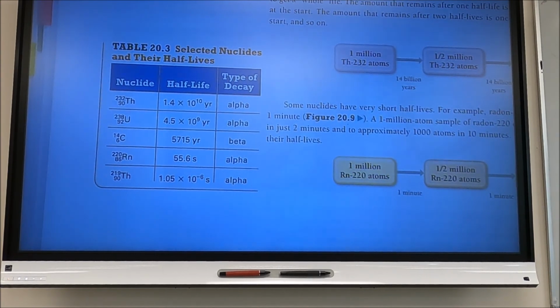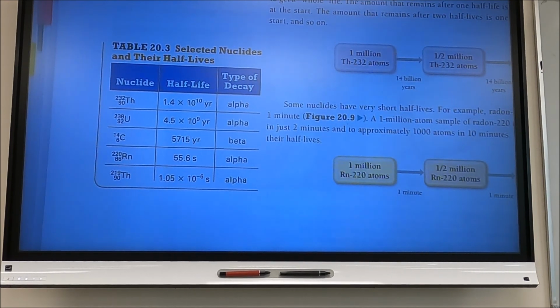Notice uranium's is 4.5 times 10 to the 9 years. Thorium is 1.4 times 10 to the 10 years. So they look at things like radioactive thorium, radioactive uranium, if they're doing things like dinosaur bone dating. Okay? All right. Moving on.